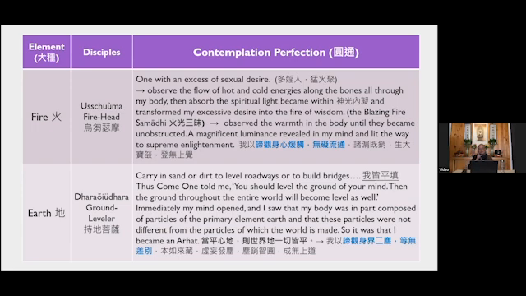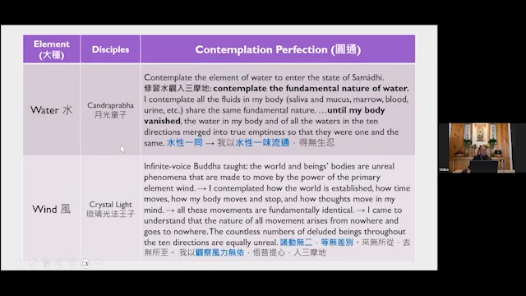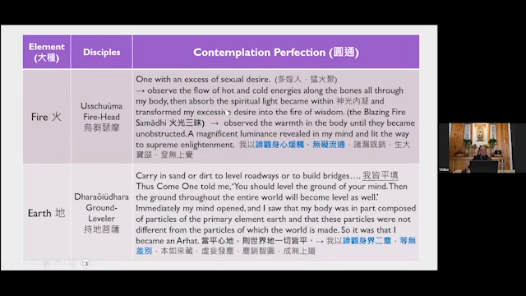So now we reach the detached elements level. Okay, the fire element, the earth element, water element, and wind element. I will write it in more detail because it's very helpful for all the practitioners. And probably today I will just give one example.